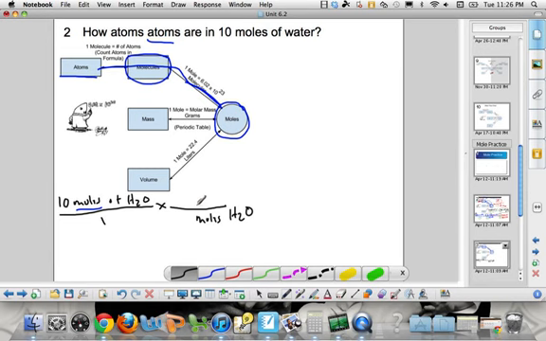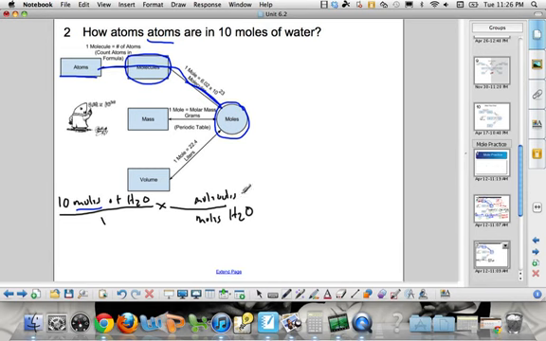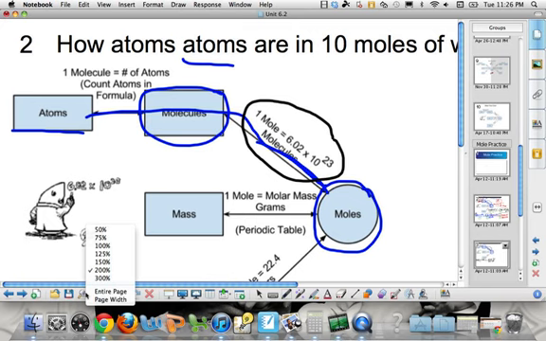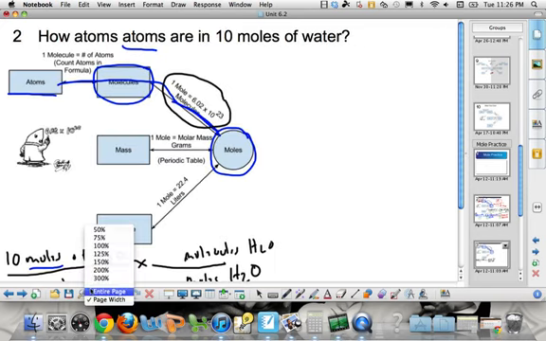I've got to put molecules up on top here. I've got to take my moles and convert them to molecules of H2O. Well, how do I do that? I've got to look at this conversion factor. 1 mole is equal to 6.02 times 10 to the 23rd molecules. That's the conversion factor I'm going to use when I'm making this conversion. So let's take a look.